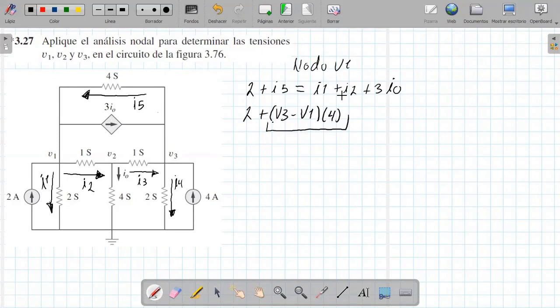If it is still not clear, please review videos 310, 315 and 316. This is going to be equal to the current I1, which would be 2 times V1.